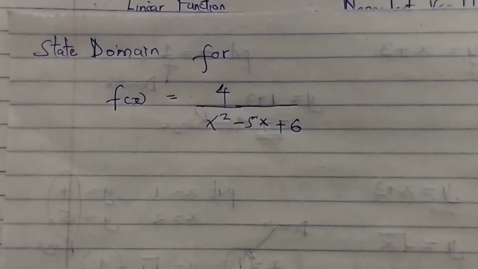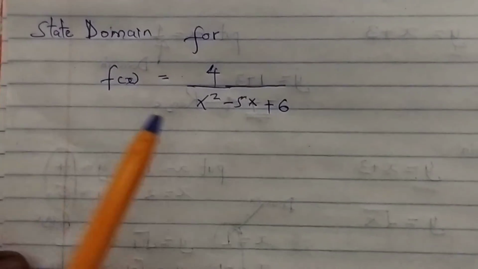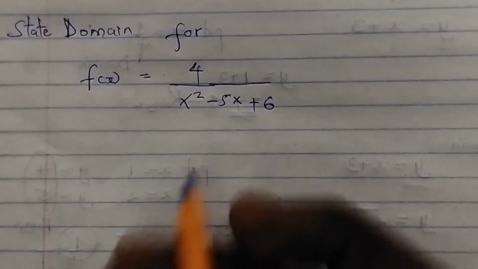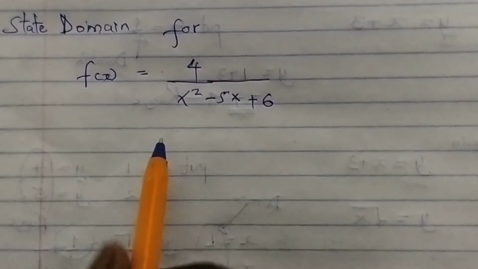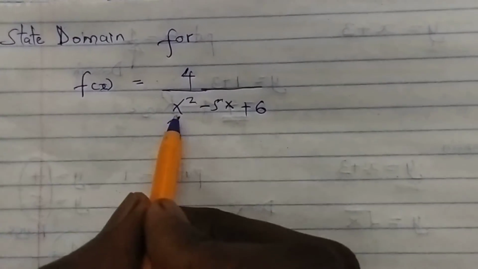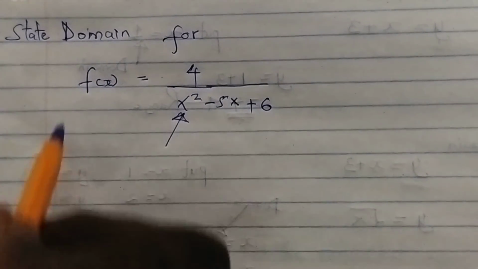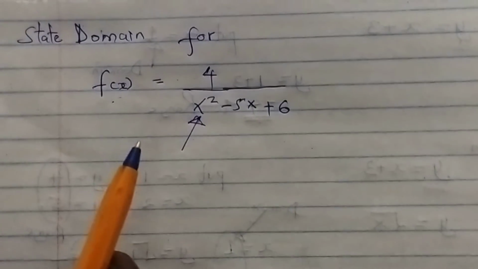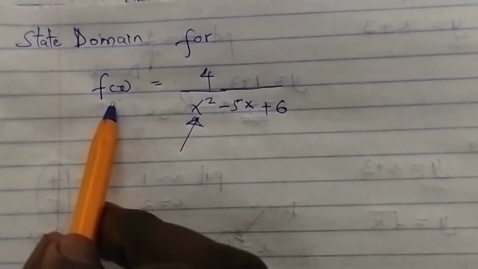You have been told to state the domain for this case. Now, for you to state the domain, you have to identify the points whereby domain, I've said and I've repeated several times that domain are the values of x that give real value of y. So you have to identify at which point are we not going to have a real value of y.